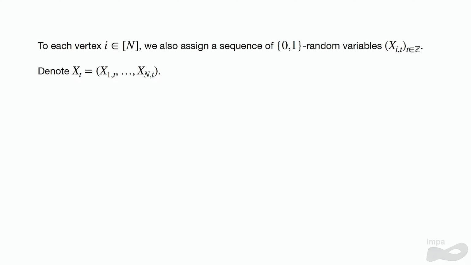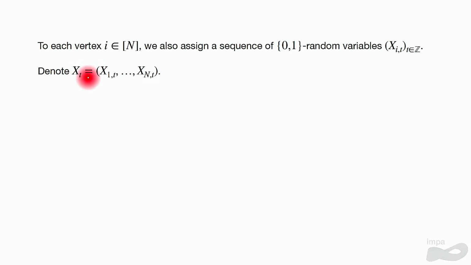And then what we do additionally is that for each vertex, we assign a sequence of binary random variables. If I'm looking at vertex i, this sequence will be denoted by x_i(t). Think of t as a time index, indexed by the integer numbers, okay?